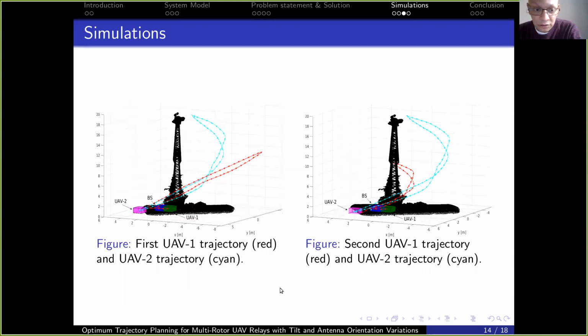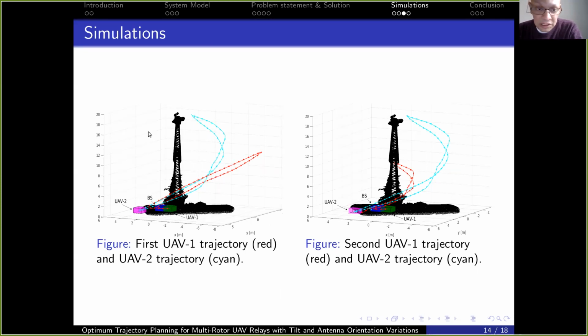And these are the results. In blue, we can see the trajectory of the UAV2. Here the blue square is the base station, and this is the initial position of the UAV2. And here in green is the initial position of the UAV1, which will be acting as a relay, and its trajectory is marked in red.